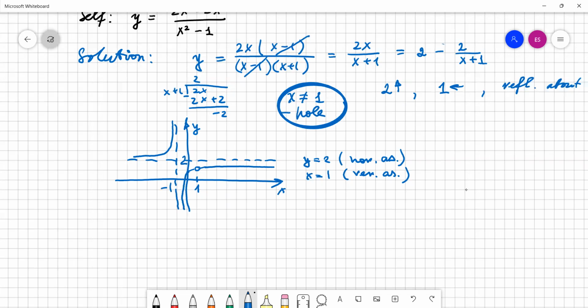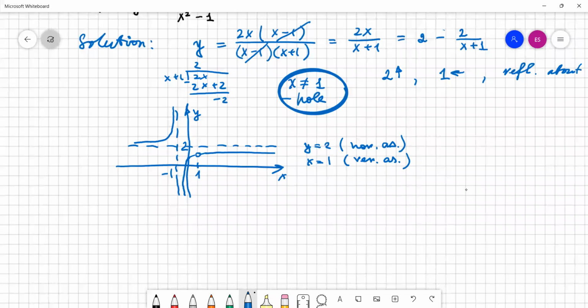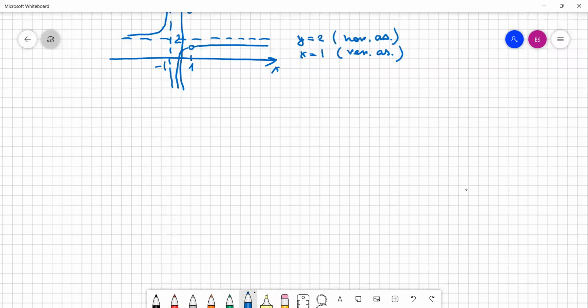Okay. The last thing in this section I want to talk about is a slant asymptote. For slant asymptotes, you just need to know what they are. I don't think that we are going to have very complicated problems about them. So, slant asymptotes. Let's go back to functions where the power of the numerator is greater than the power of the denominator.